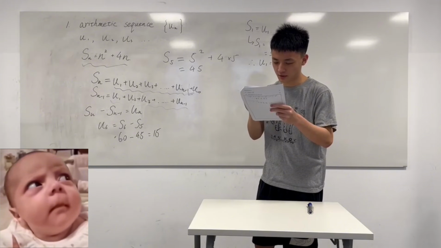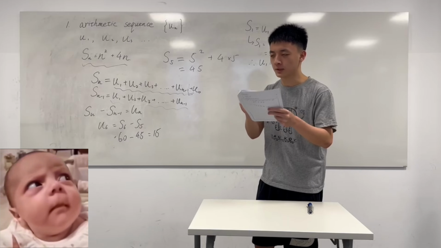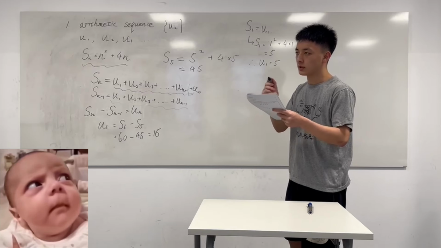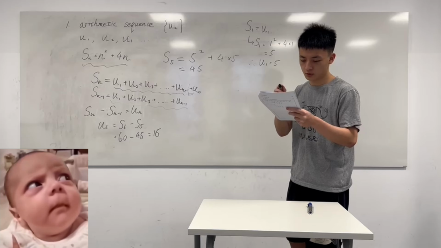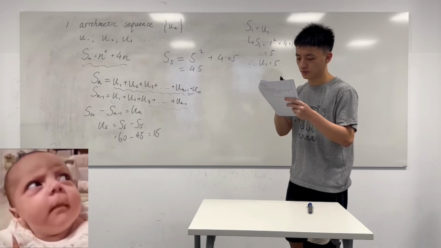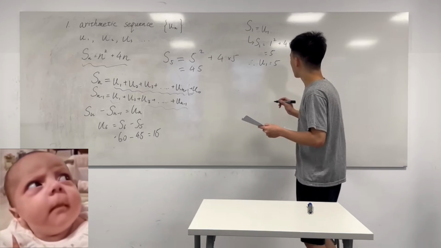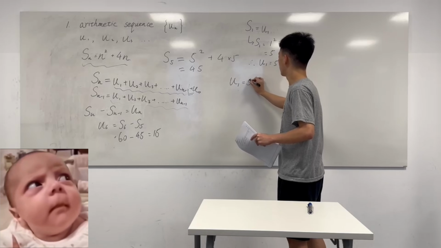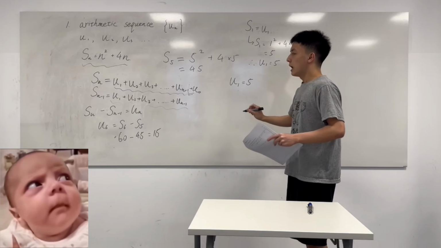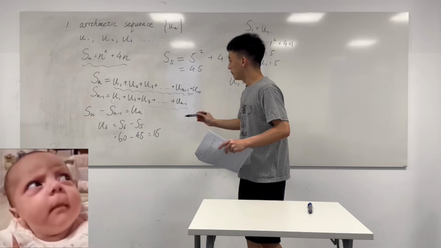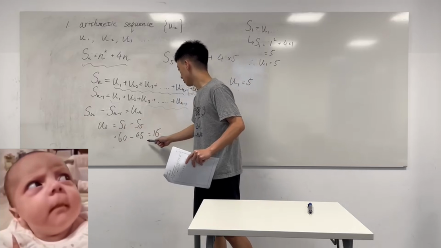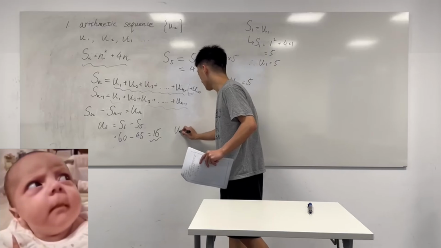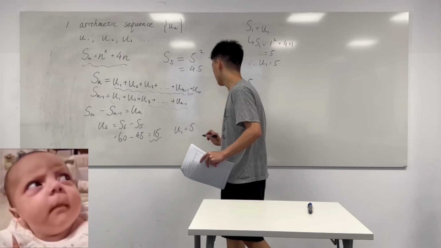It means we should try to use the results we got in question B to write an expression for Un. We know that U1 is 5, and we already know how much U6 is.